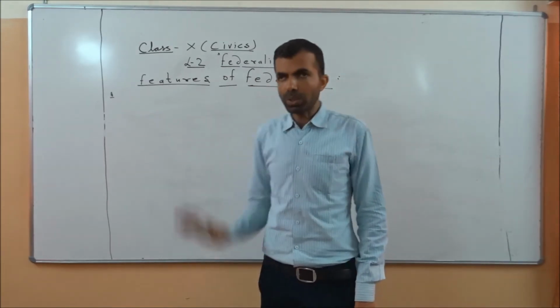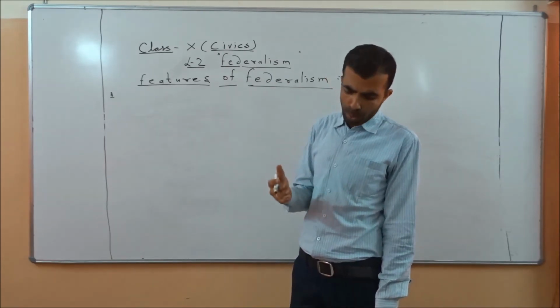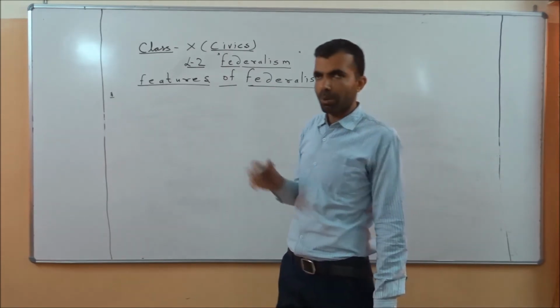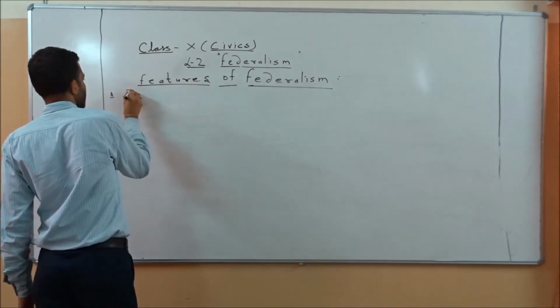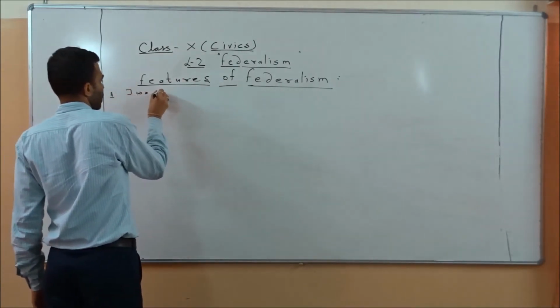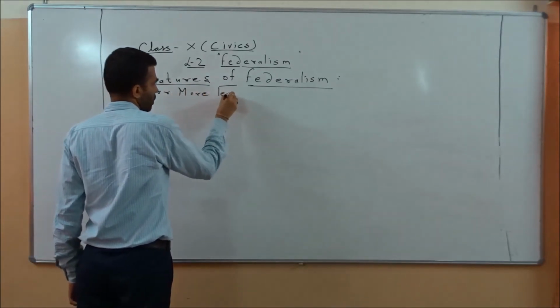So first and foremost feature is that there are 2 or more levels of government. First feature is 2 or more levels of governance.